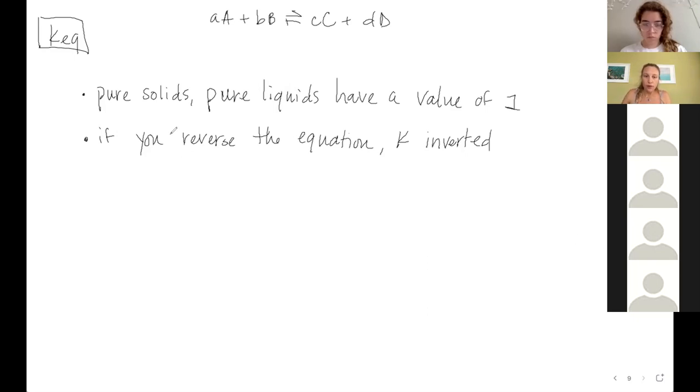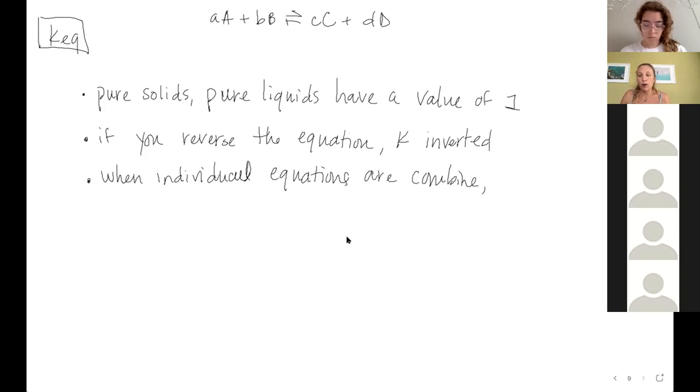So another thing, when individual equations are combined, the equilibrium constants are multiplied to obtain the equilibrium constant for the overall reaction. The individual equilibrium constants are multiplied, not added.